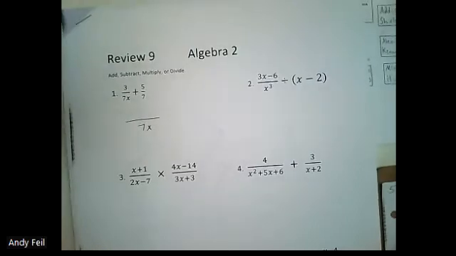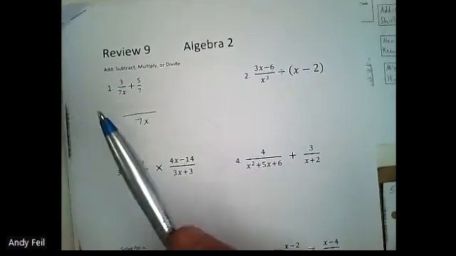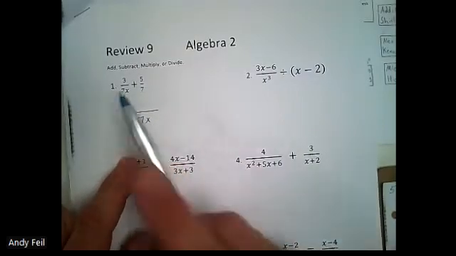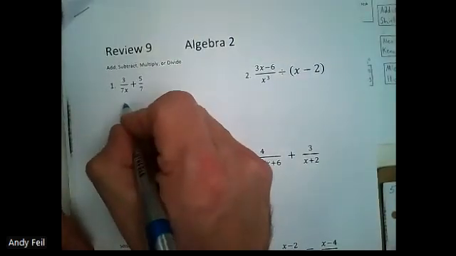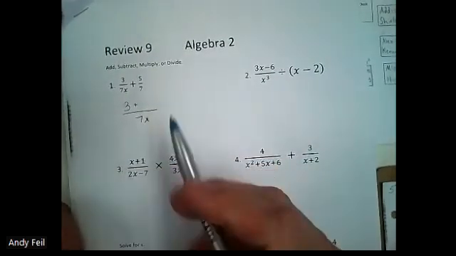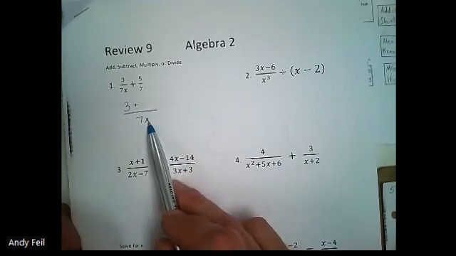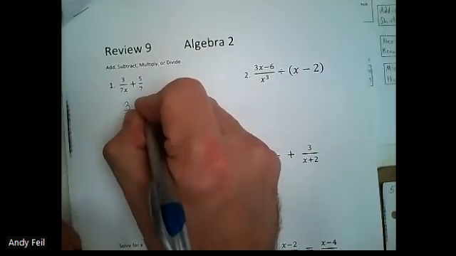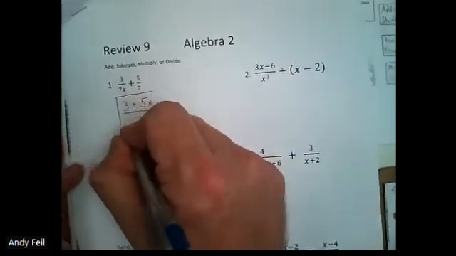Now multiply each numerator by what its denominator is missing. What's that denominator missing from that denominator? Nothing. So what do I have to multiply that 3 by? Nothing. So write down 3 plus, and then what's this denominator missing? The x. So what do I got to multiply the 5 by? And you're done.